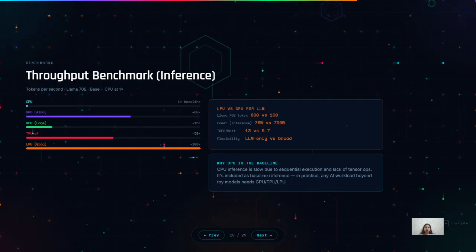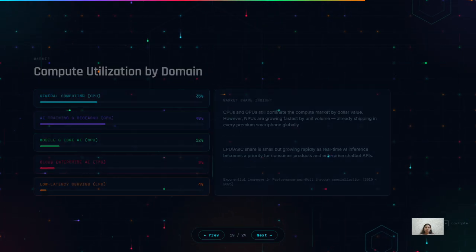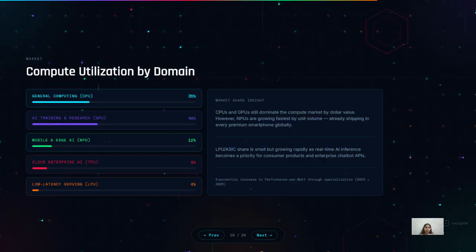Now, let's talk about compute optimization by domain. Each processor dominates a different market segment. CPUs remain essential for general computing. GPUs dominate AI research and training.